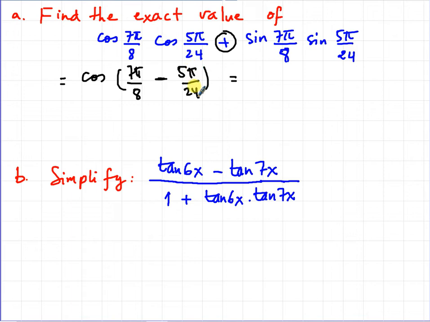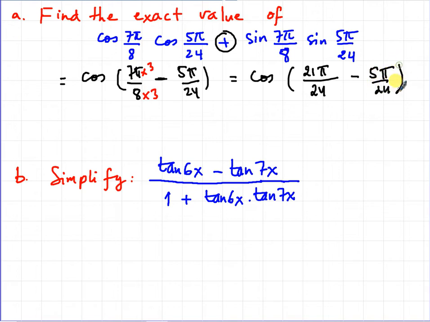7 pi by 8 minus 5 pi by 24. I need to take a common denominator. 8 and 24, I need to multiply this 8 by 3 to make it 24, so I need to multiply the numerator also by 3. So what I would get here is cosine of 7 pi times 3, which is 21 pi, over 8 times 3, which is 24, minus 5 pi by 24. Now 21 pi over 24 minus 5 pi by 24, we simply subtract the numerators, which is 16 pi over 24.